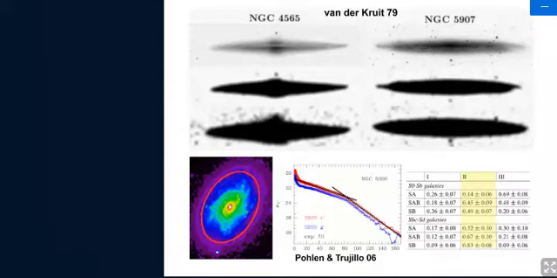Okay. So the place where we first got interested in this particular process was when we started thinking about the outskirts of galaxies. Their density profiles had been noticed in early work by van der Kruit in 79, that if you take images of galaxies, in particular edge-on galaxies, but also face-on ones, and as you push the contrast of the images, what you notice is that the galaxies start to look thicker and thicker.